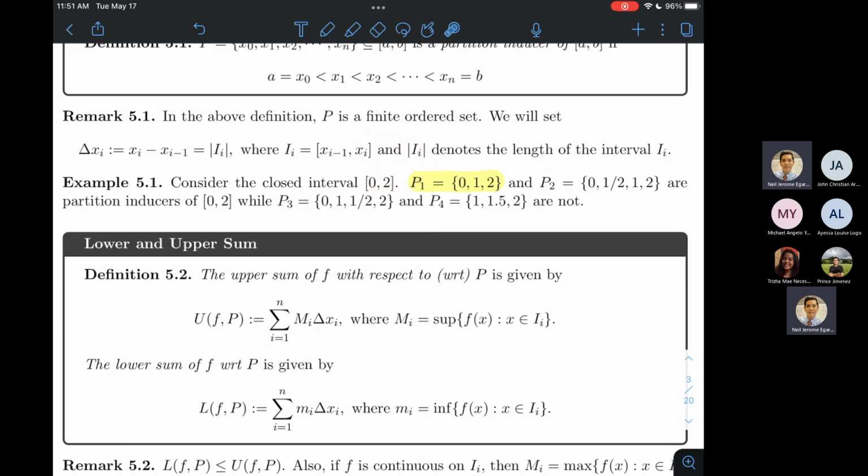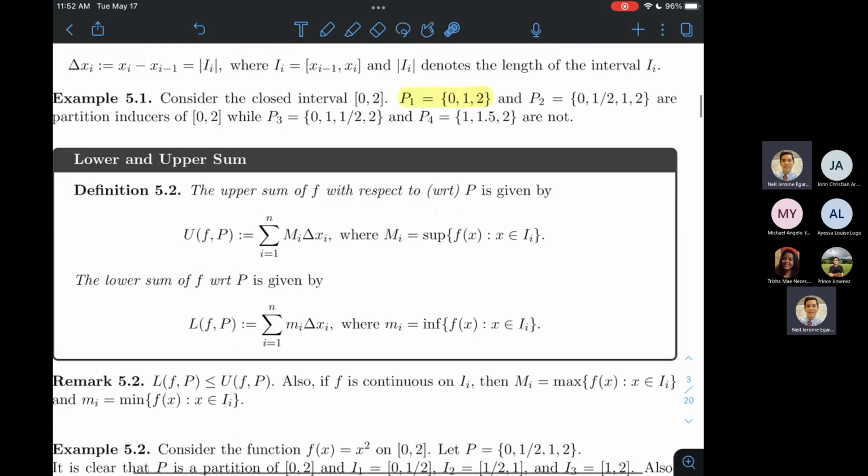We are supposed to divide 0 to 2 into a partition, but with these markers, the numbers in the closed interval 0 to 1 would not be included. You can say that P4 is a partition inducer for the closed interval [1, 2], but for the closed interval [0, 2], it isn't. All right? So that's perfect. Thank you, Ayesa.